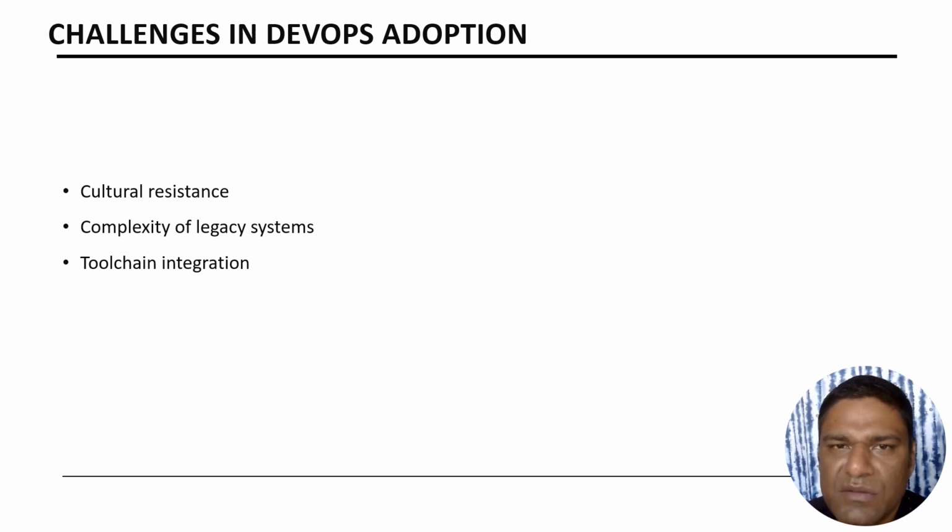Legacy systems and processes may not easily align with DevOps principles, requiring careful planning and gradual modernization efforts. Integrating diverse toolchains and technologies can also pose challenges, as interoperability and compatibility issues may arise. Overcoming these challenges requires leadership support, investment in training and education, and a commitment to continuously improve and adapt.